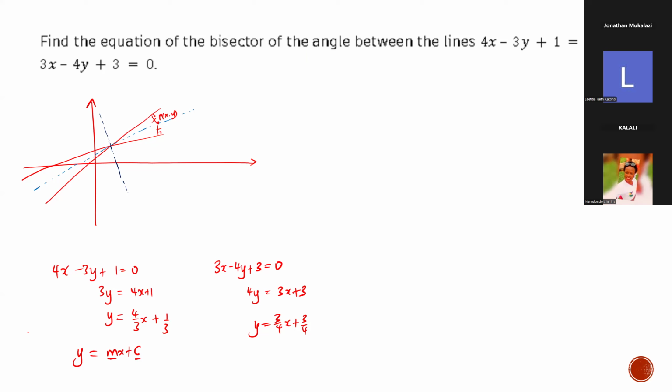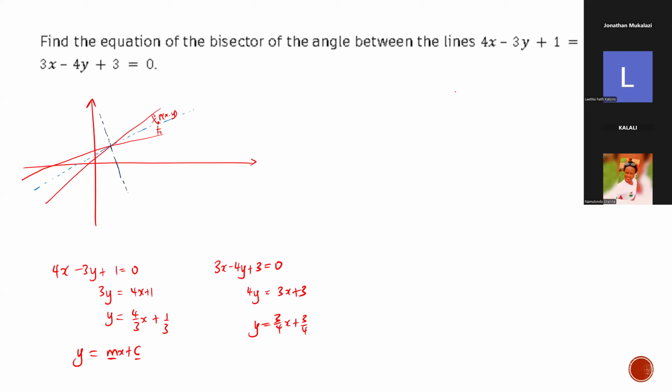So we use the fact that all points that lie on the angle bisectors of these lines are equidistant from both lines. In other words, the minimum distance of points on the angle bisectors from both of the lines is the same.